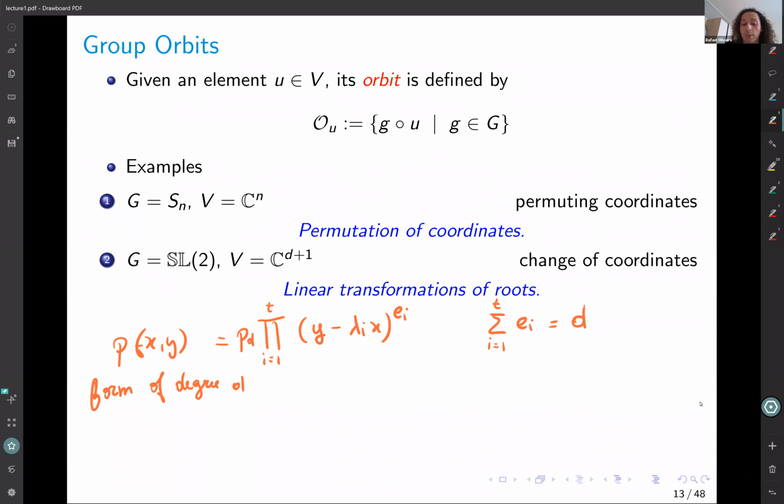The e_i are the multiplicities of the roots, and the lambda_i are different from each other.